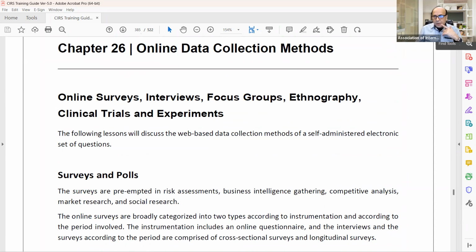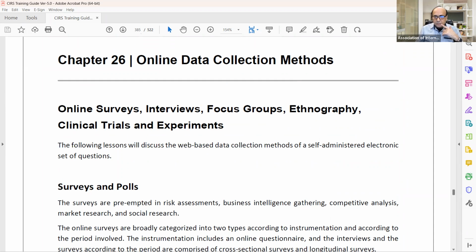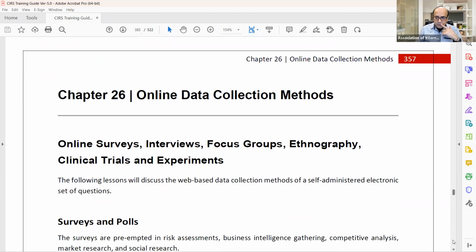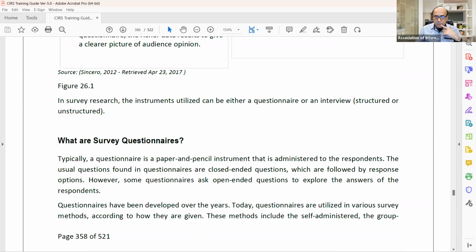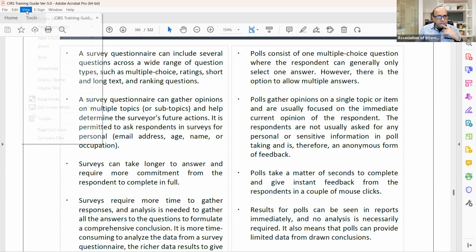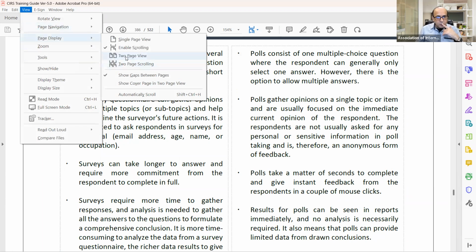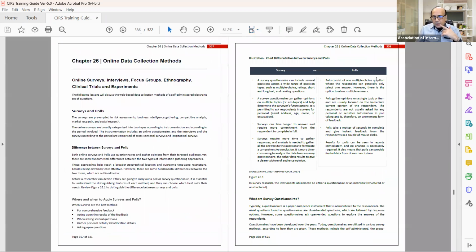It's chapter 26, and the page is 357. So the difference between surveys and polls, let's look at it as two pages. It's on page 358. You could see that this is giving the difference between what surveys entail versus what polls are like.